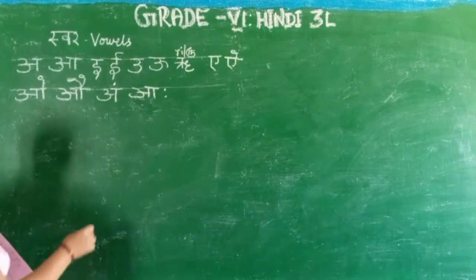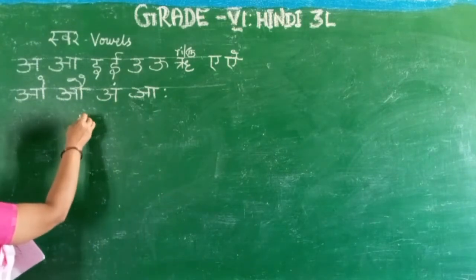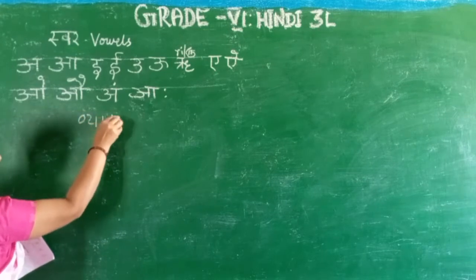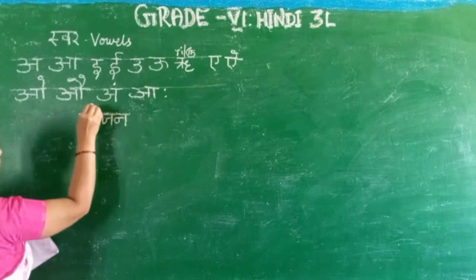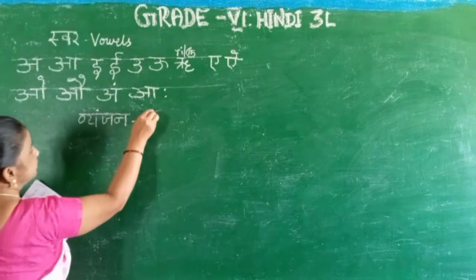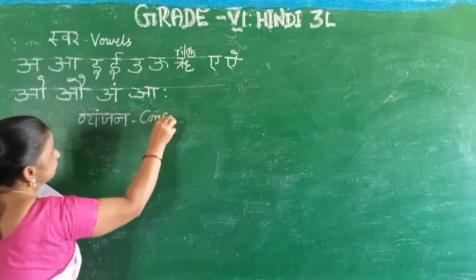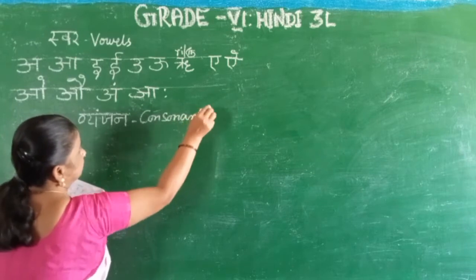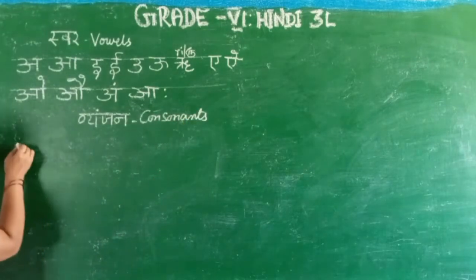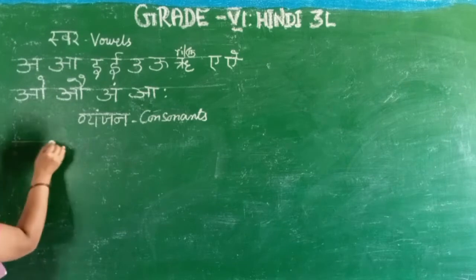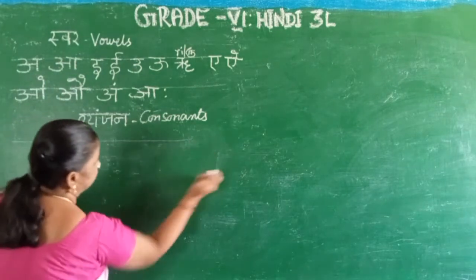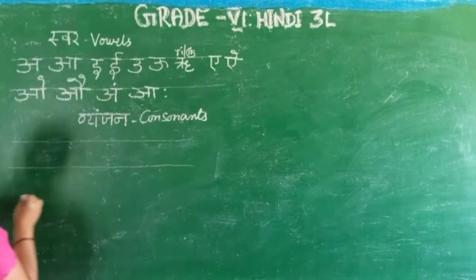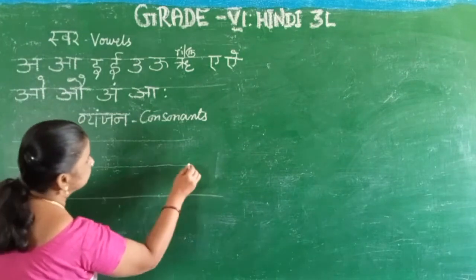And next one, consonants. What are they? Vyanjan. Vyanjan means consonant. I am just revising this for reading. See one by one. First ka varga. Next cha varga.